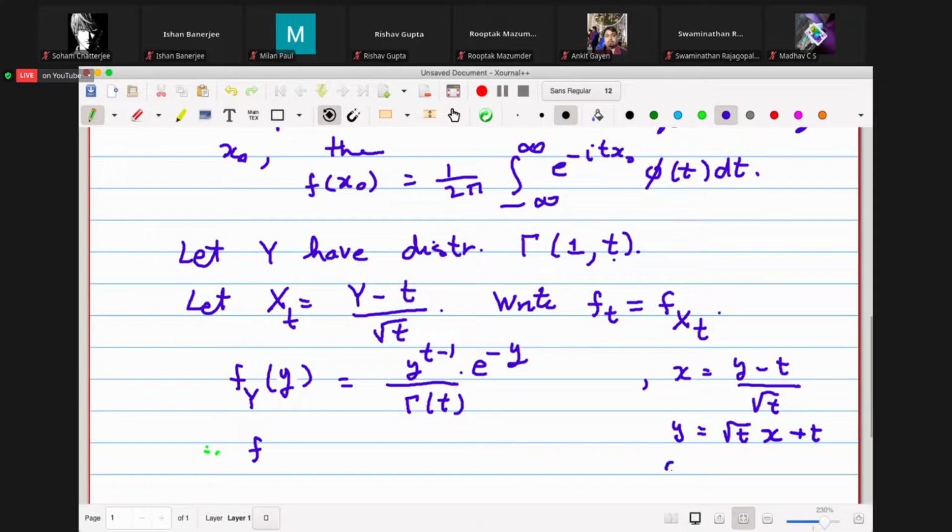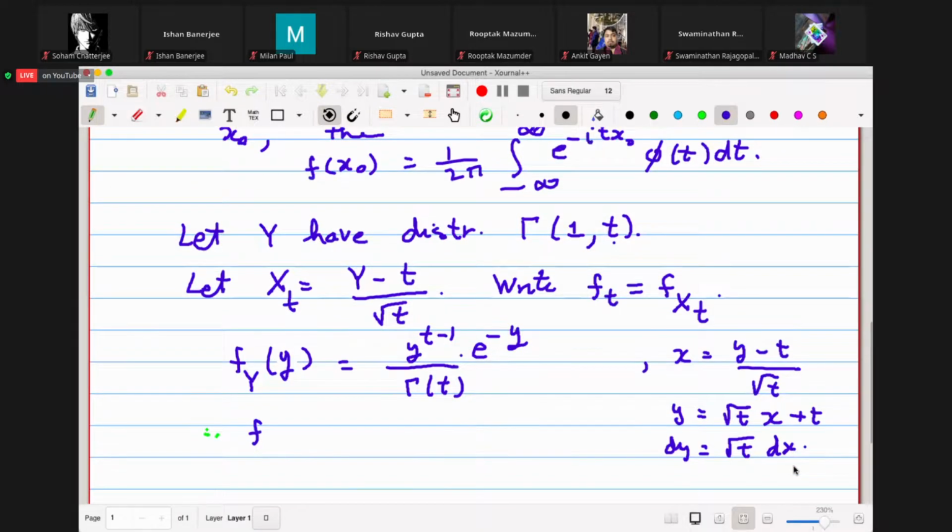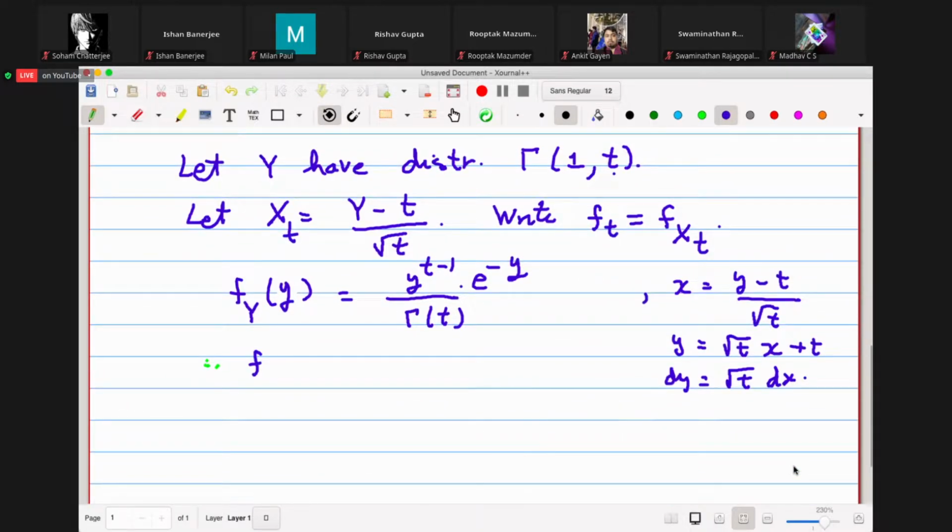And now you have to find also the differential. dy is equal to square root of t dx. That's it, because we are treating t as a constant. So t is fixed for the time being. Later on, of course, we will allow t to go to infinity, but at the moment t is fixed and positive.